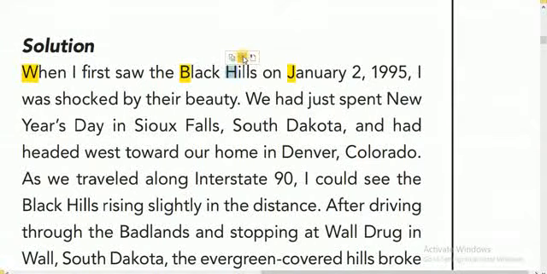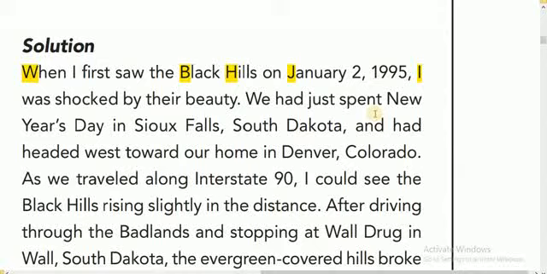Okay, Hills, on Journey, January 2, 1995. I was shocked. This is a rule, because we capitalize every single pronoun. I was shocked. We don't have "was," an auxiliary verb, or "shocked," or the verb "by." We did not get in the rule. "Their beauty." Still, we don't have it.